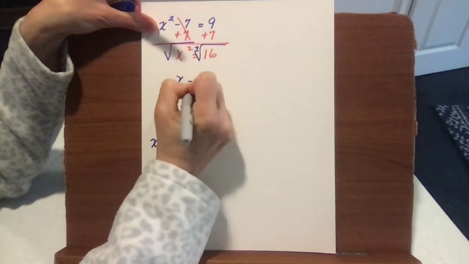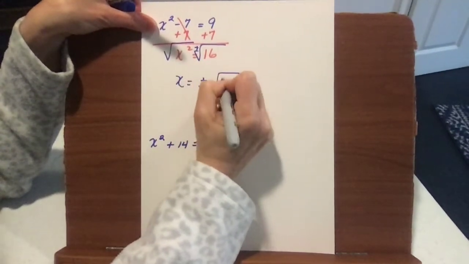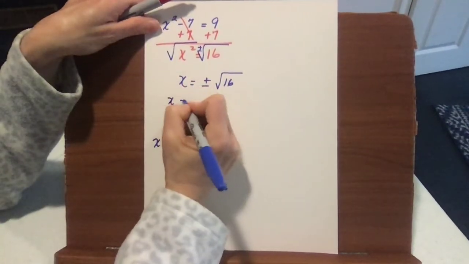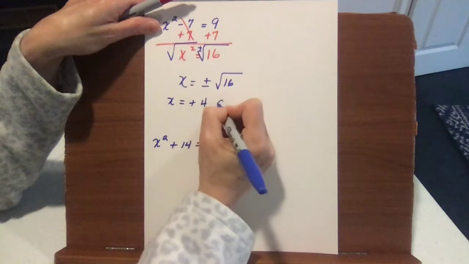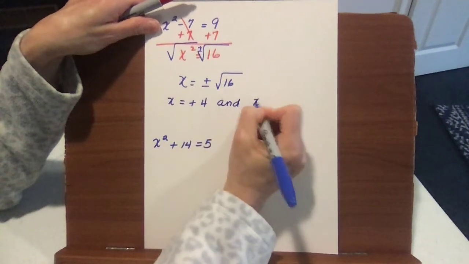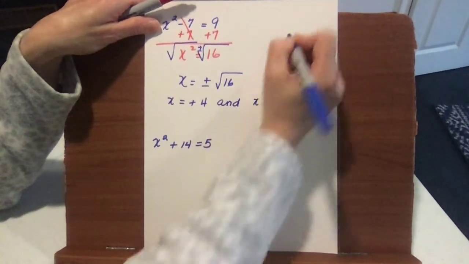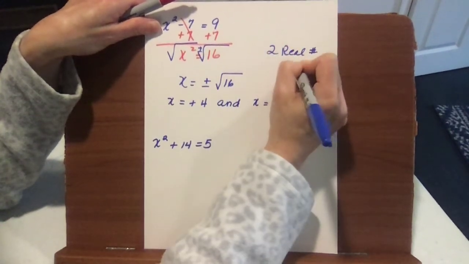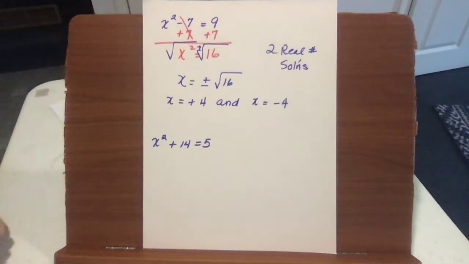So x equals positive or negative square root of 16. So x equals positive 4 and x equals negative 4. Two real number solutions.